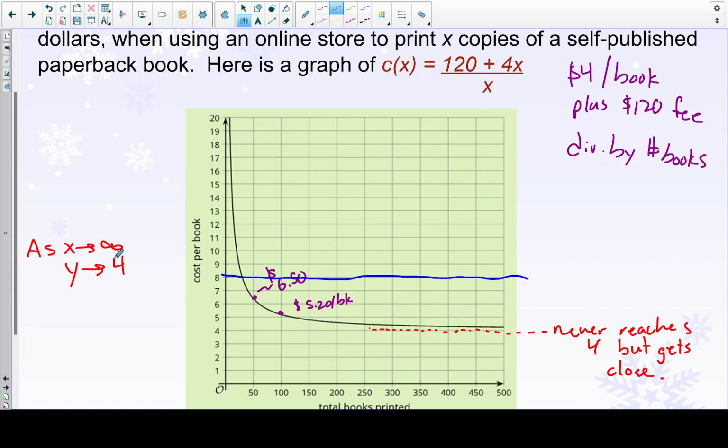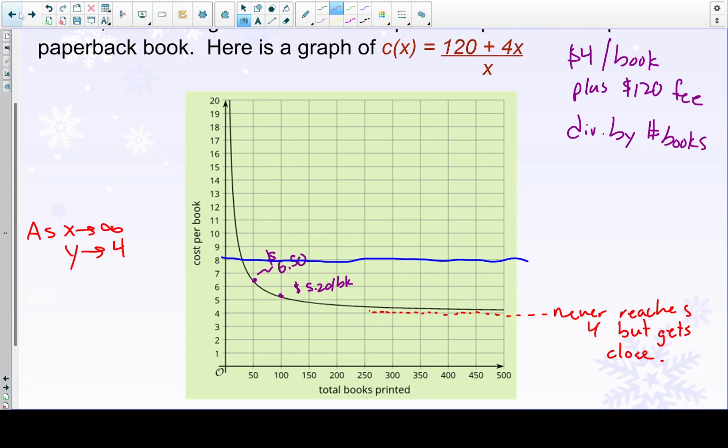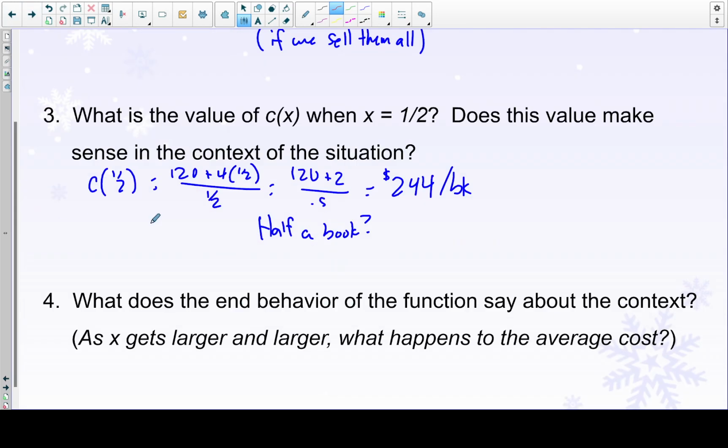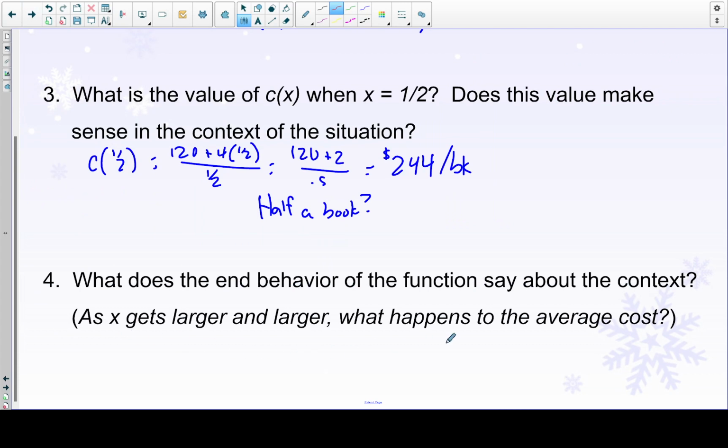Now, in this particular case, it's never going to jump over this line. No matter how far it goes, there will never be any values that go on the other side of 4. So that's important to realize here. So as x gets larger, let's write that again here.